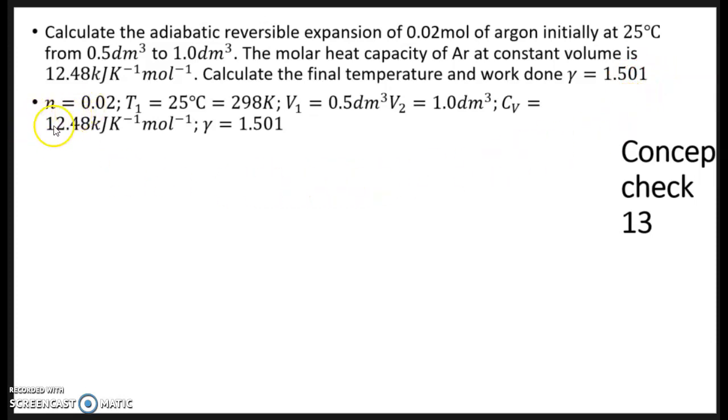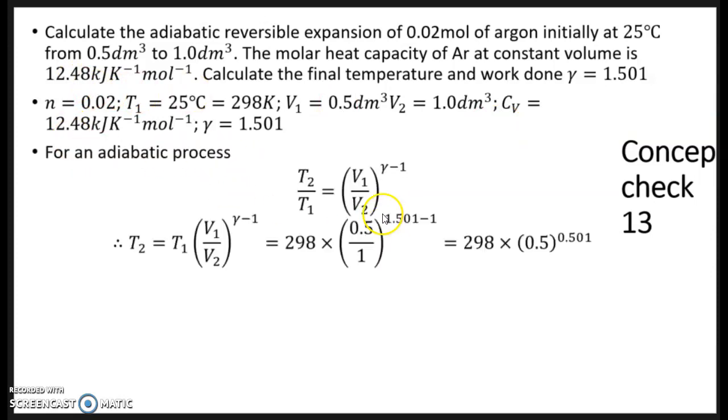So the number of moles is 0.02, T1 is 25 degrees, V1 is 0.5, V2 is 1.0. The molar heat capacity is also given, and gamma. For an adiabatic process, we can simply put it into the equation, make T2 the subject of the formula, and then we arrive at our final temperature, 66.4 Kelvin. That's a big temperature jump.